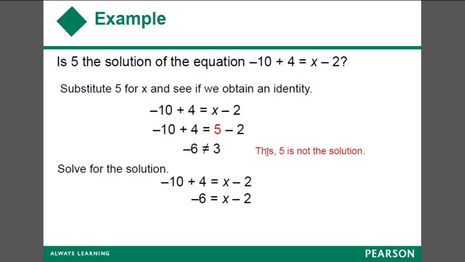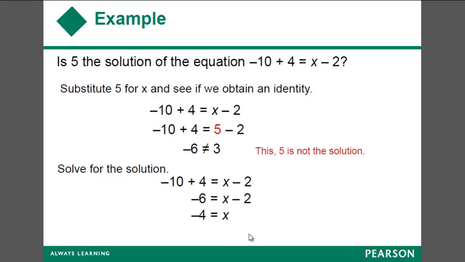I want to isolate the x, get the x by itself. So what I'm going to do is add the opposite of negative 2. What's the opposite of negative 2? A positive 2. So I'm going to add a positive 2 to both sides. When I do, positive 2 minus 6 will leave me with a negative 4. And the negative 2 and the positive 2 on the right hand side will cancel out.